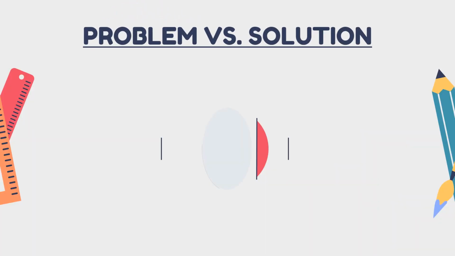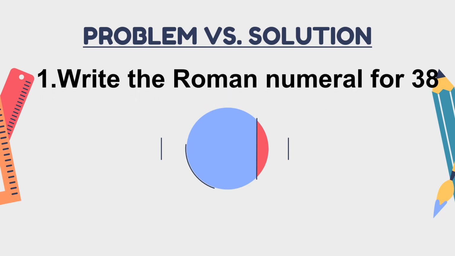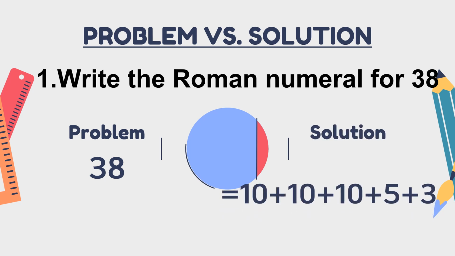Let us discuss few examples from your textbook exercises. Here we need to write the Roman numeral for 38. In order to write the numeral, we have to expand the number according to rule 4 as explained. So 38 can be expanded as 10 plus 10 plus 10 plus 5 plus 3.